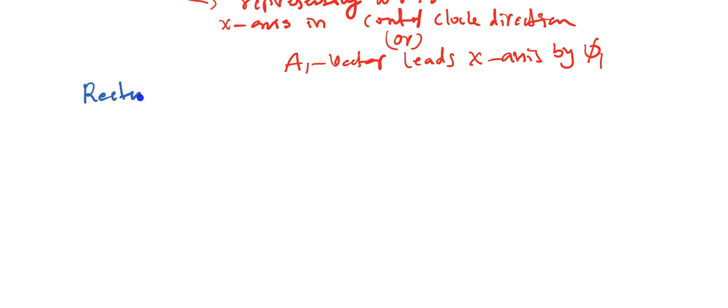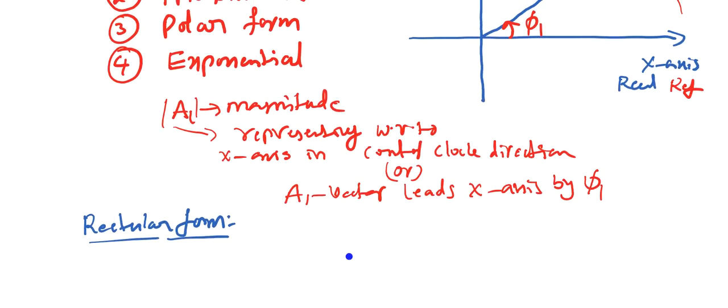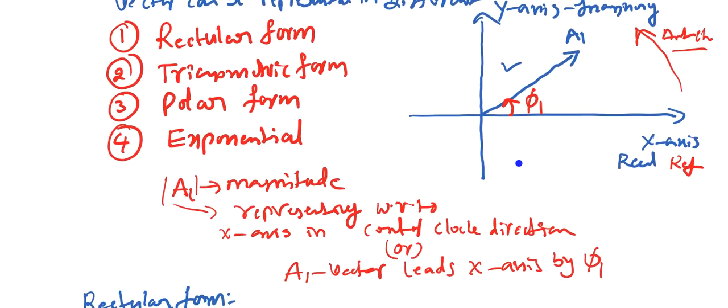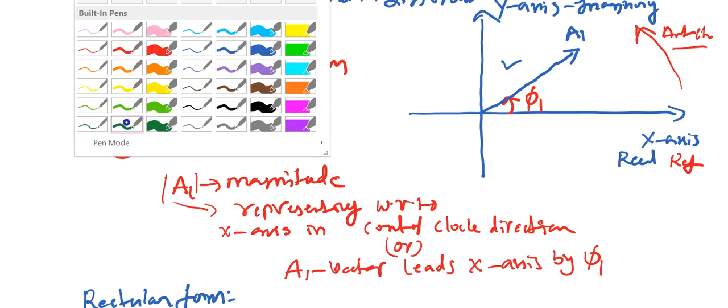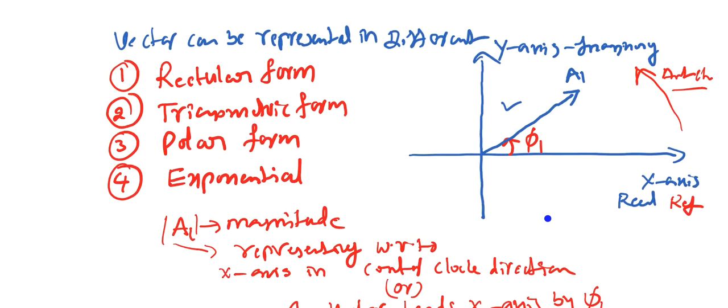You are familiar with this concept, but anyhow I am rewinding it so you can understand the vector forms and algebra. Your A1 vector can be decomposed into two different components, like this.